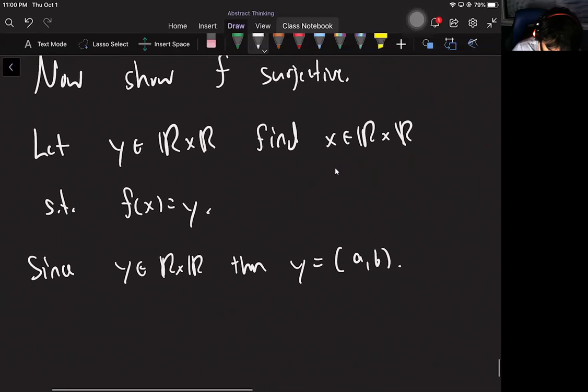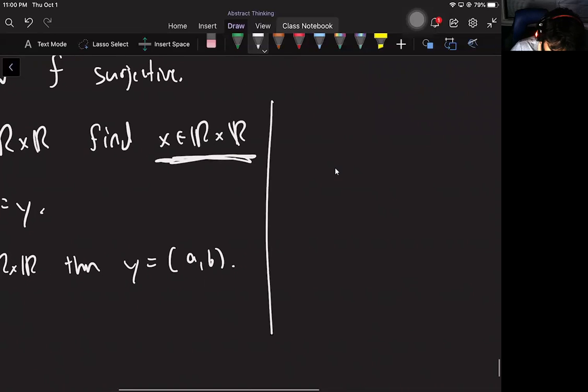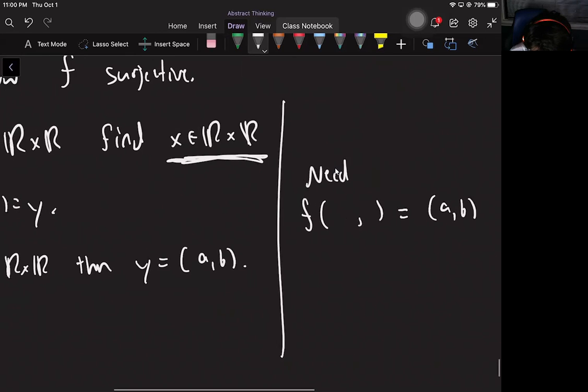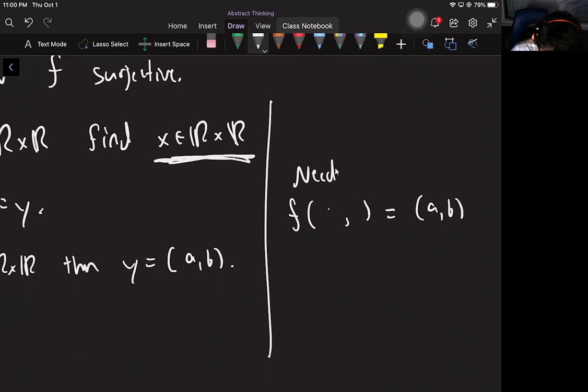And this x that I'm looking for also lives in R cross R, so it's going to end up looking like something comma something too. But this is where the scratch work comes in. I need f of something to equal a comma b. I don't know what that something is yet, so maybe I'll just call it c and d.